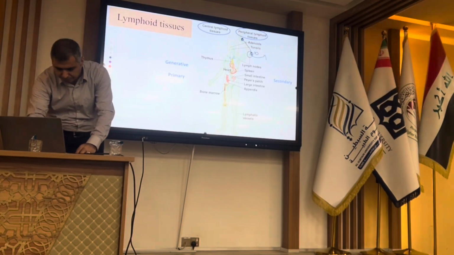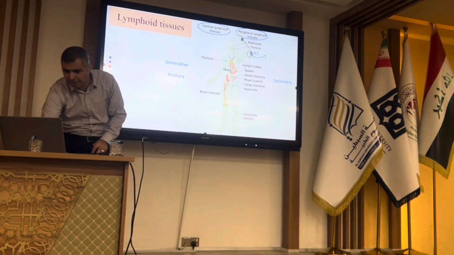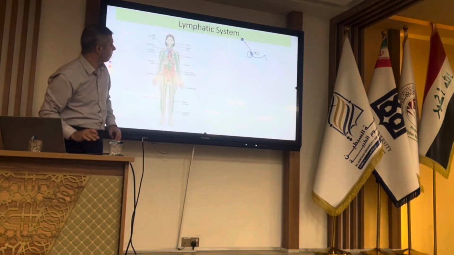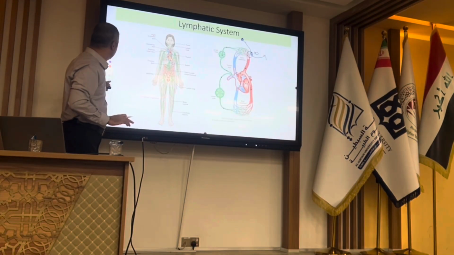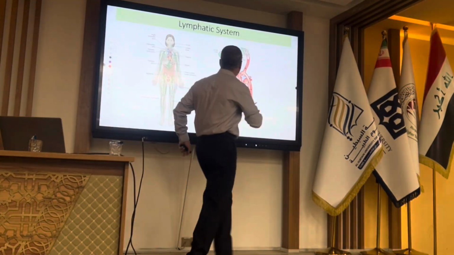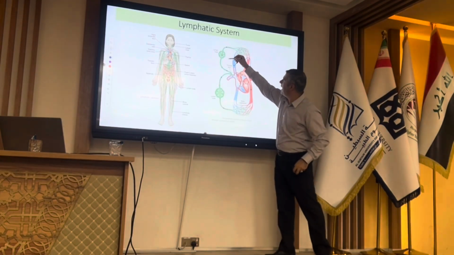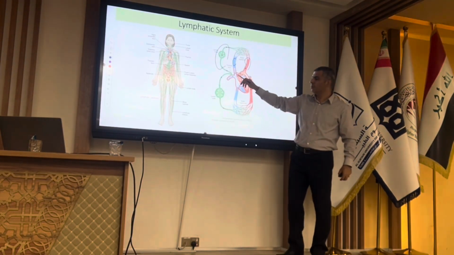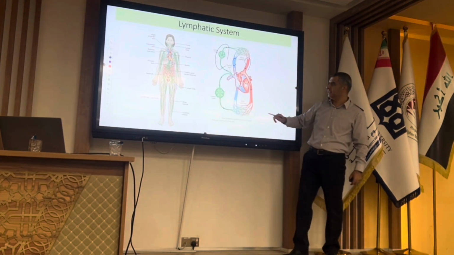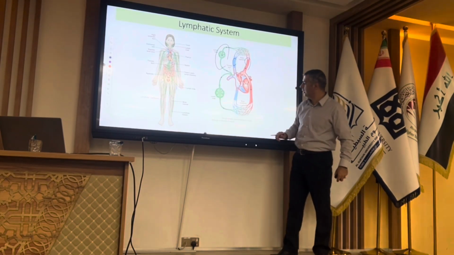And finally, you can see here that we have the heart, arteries, veins, and lymphatic vessels. The yellow one is the lymphatic vessels. This one is a lymph node and this one is a lymph node.